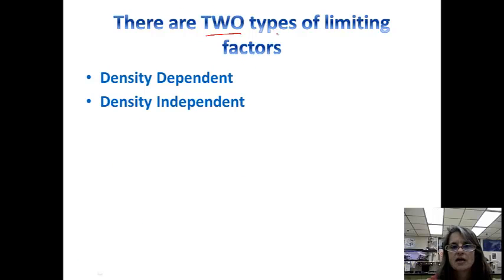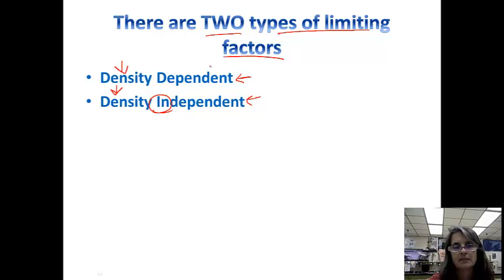Now, there are two categories of limiting factors that limit population growth. One type is called density dependent, and one type is called density independent. Okay, so let's talk about this. Remember what density is. Density is how many critters do you have in a given area.